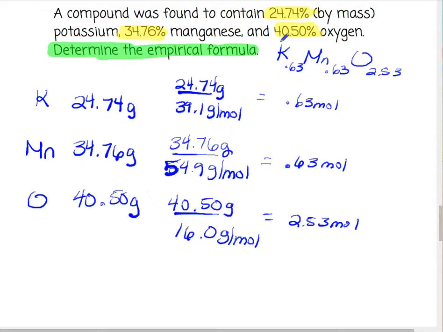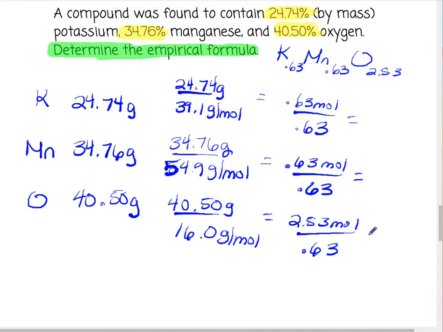Well, that's not an empirical formula because it's not a lowest whole number ratio. So we need to divide each one of these by the lowest value. The lowest value out of all three of these numbers is 0.63.